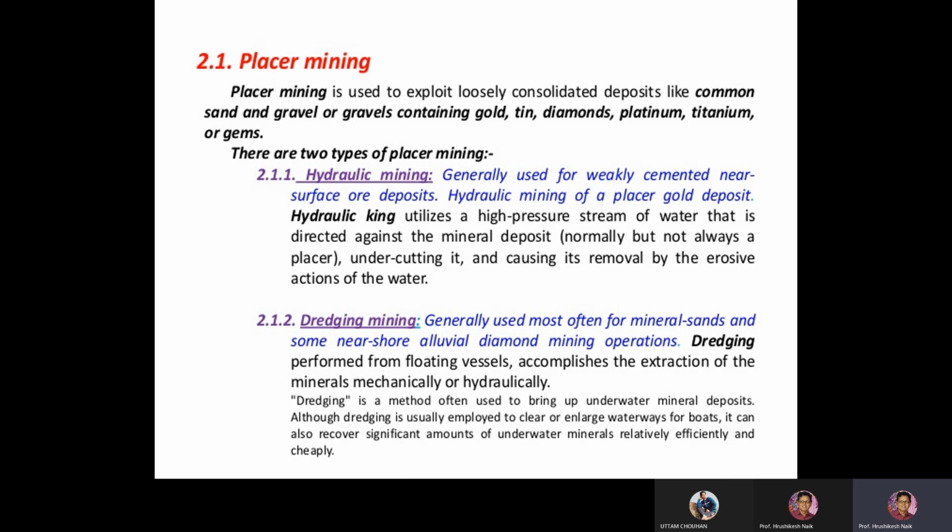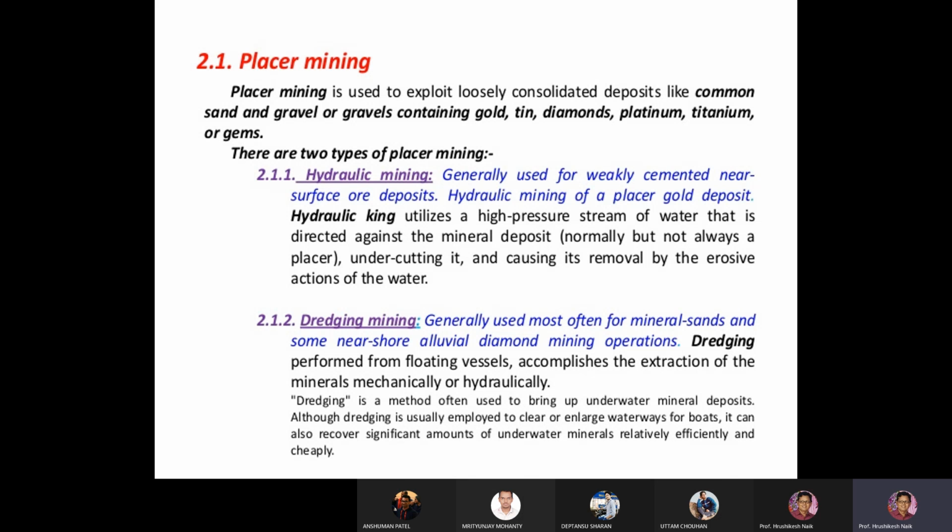There are two types of placer mining methods. One is called hydraulic mining, by the help of water force. Generally, hydraulic mining is used for weakly cemented, near the surface ore deposits.